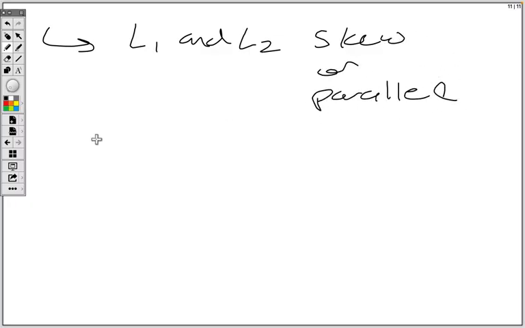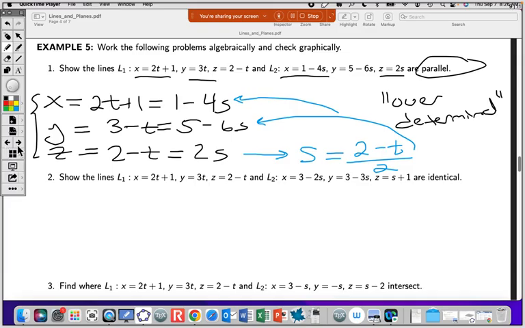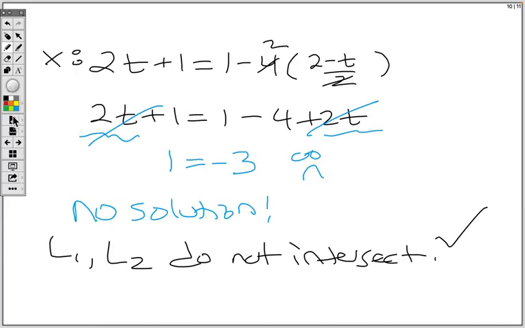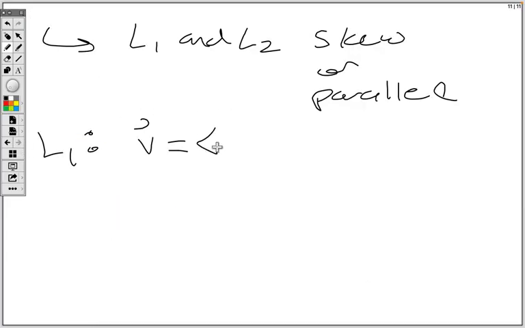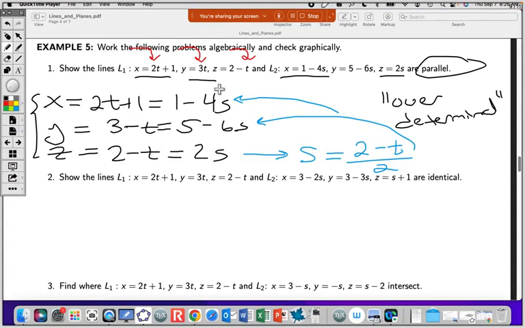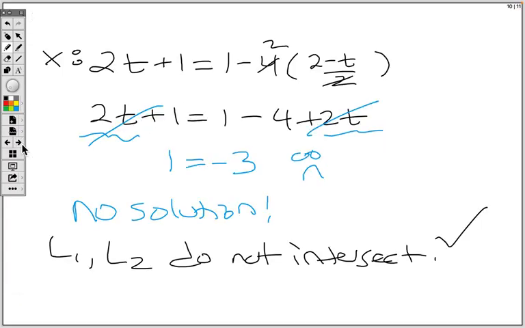To determine which is which, we have to look at the direction. So for L1, I need a vector that's parallel to L1. And once again, we get those by looking at the coefficients of t. We've got 2t in the x, 3t for the y, and minus t for the z. So the coefficient of x is 2. The coefficient of y is 3.